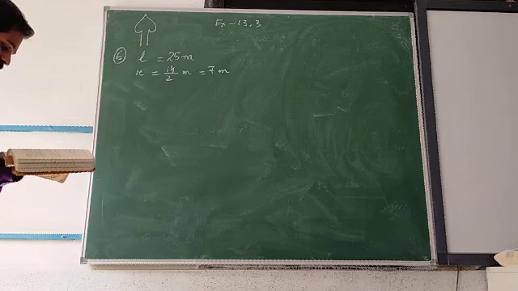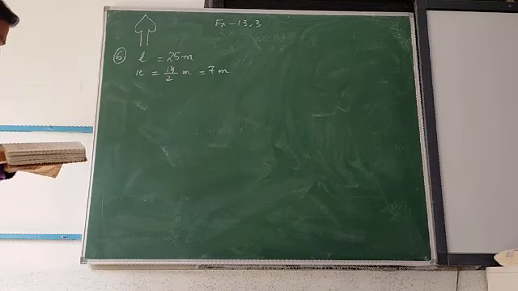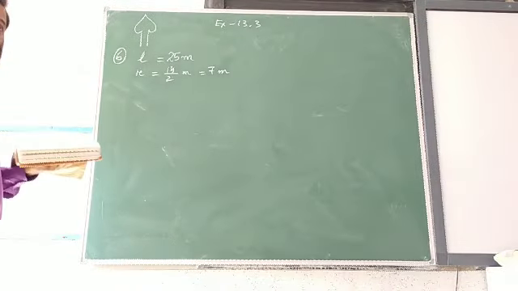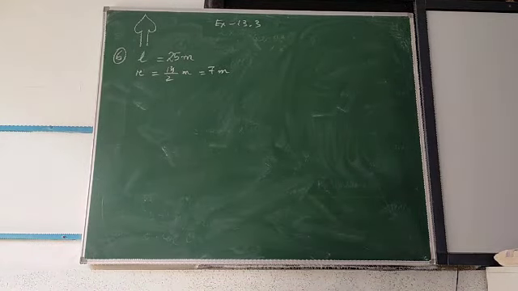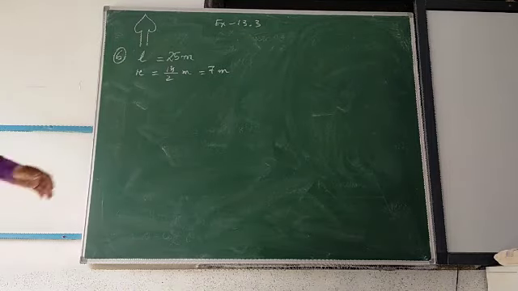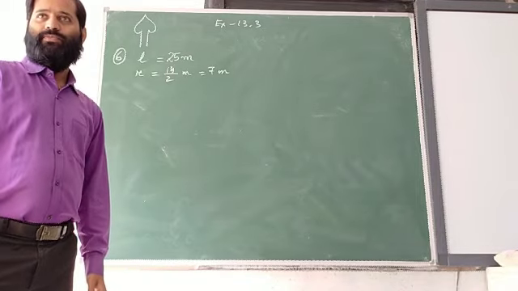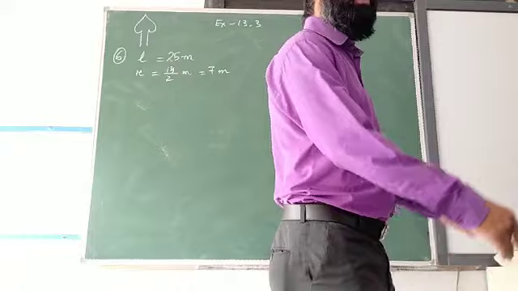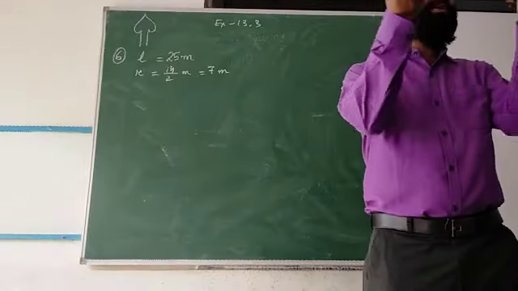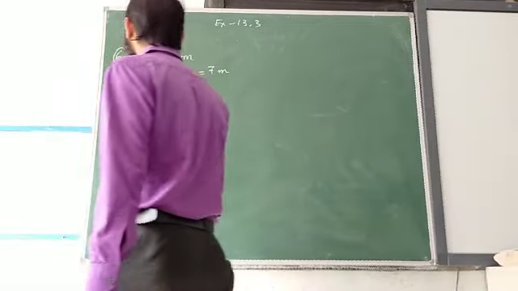Clear everyone? Yes, sir. Find the cost of whitewashing its curved surface area at the rate of rupees 210 per 100 meter square. That means for every 100 meter square, you need to pay 210 rupees. So what amount do we need to pay to color this conical tomb? That means we need to find the CSA.